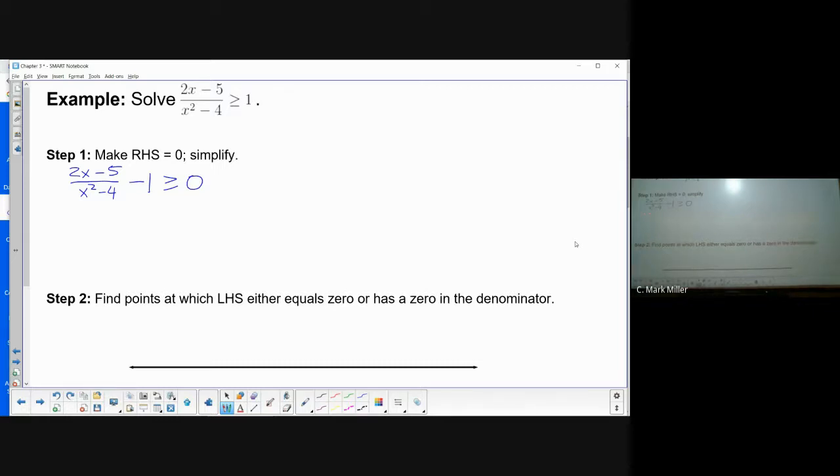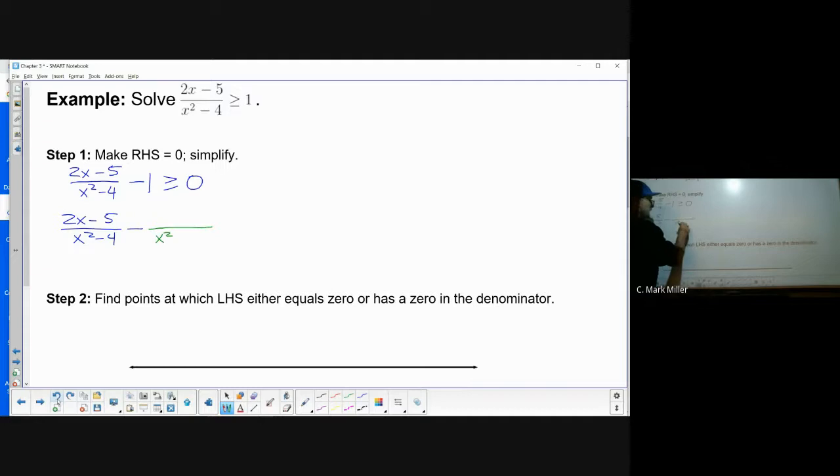Anyway, so we're going to perform this subtraction so we can find out where the expression, the left-hand side, is 0. We know where it's going to be undefined, where this denominator is 0, but we don't know where the left-hand side is 0. So to perform that subtraction, you're going to have 2x minus 5 over x squared minus 4. You need to get a common denominator. We're going to write minus 1 as minus, and we're going to write 1 as this.